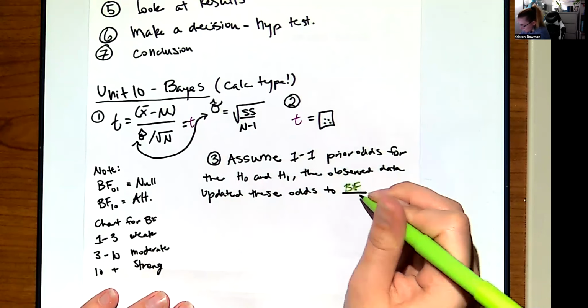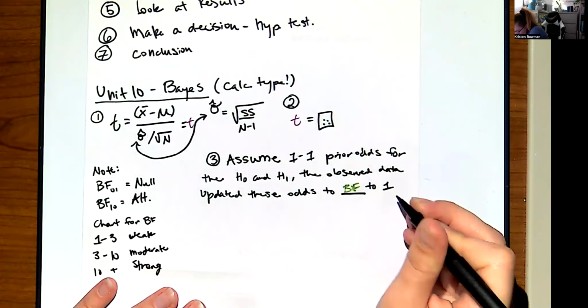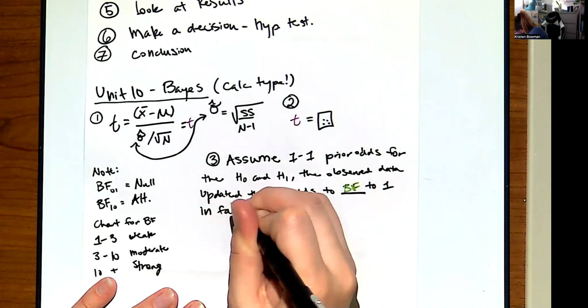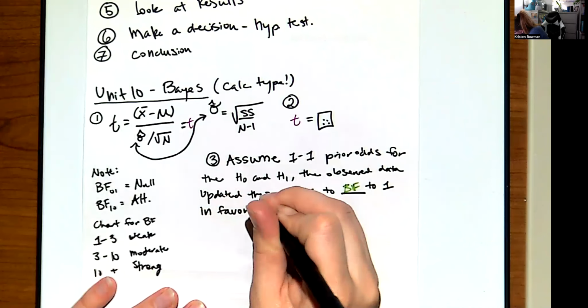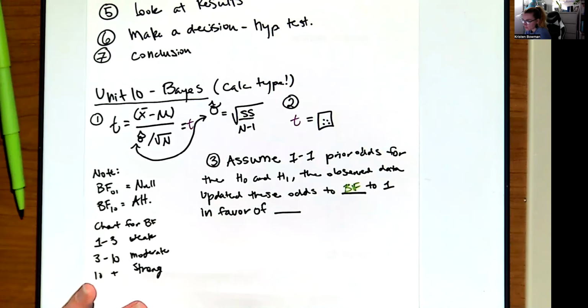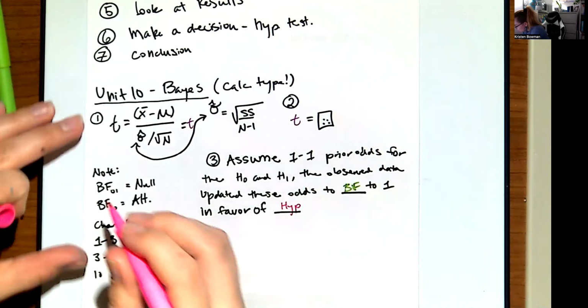If you want another example of this, please go look through your notes. To 1, in favor of, right here, I'm just going to write the word hype for whichever hypothesis it has, right? So whichever one of these.